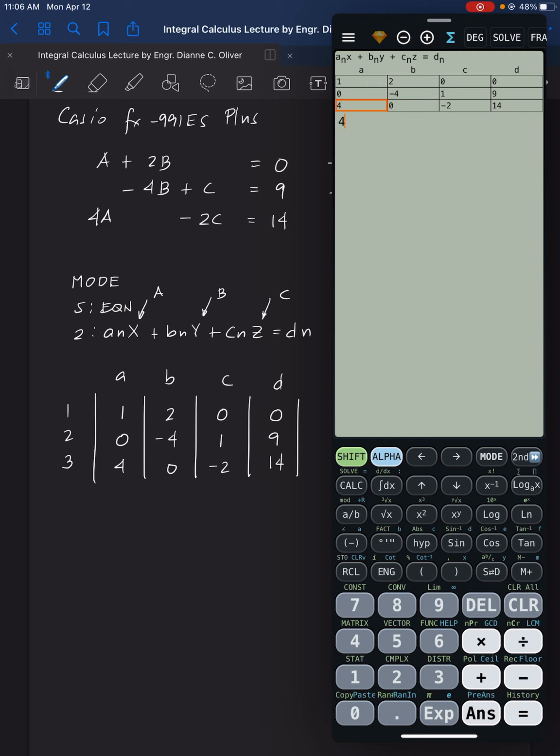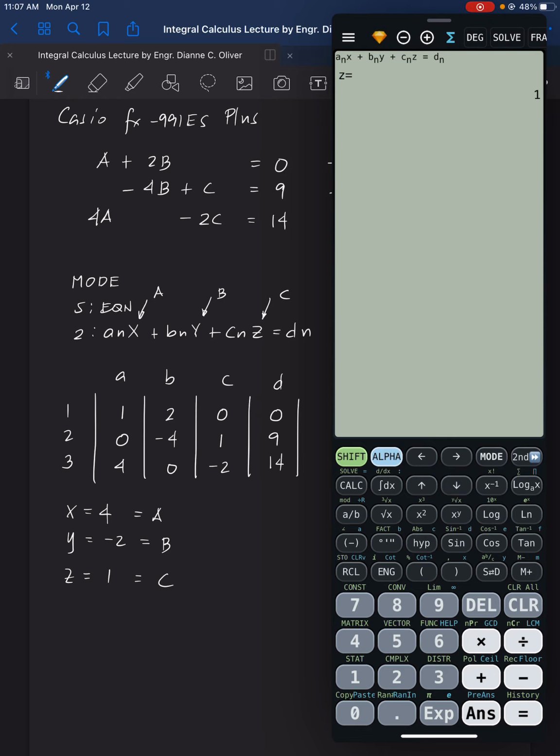Input 4 equal, 0 equal, negative 2 equals, 14 equals, and then click equals again. Then you can see the value for x is equal to 4. For y, the value is negative 2. Click equals again, z is 1. Then you remember that x is also A, y is B, and z is C.